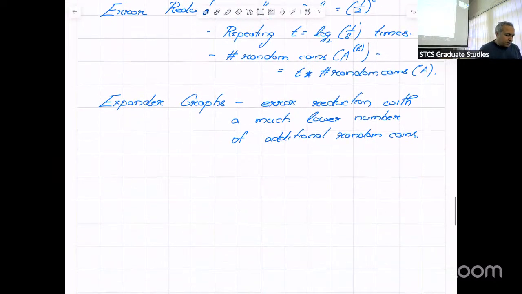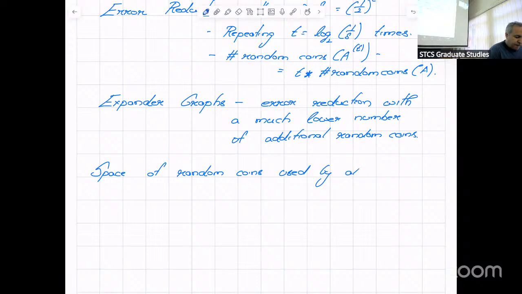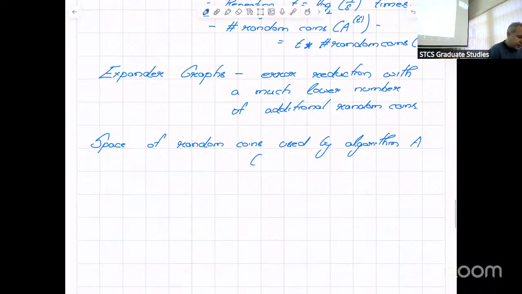What we'll do is, let's look at the space of random coins used by the algorithm A. Let's say it uses R coins.